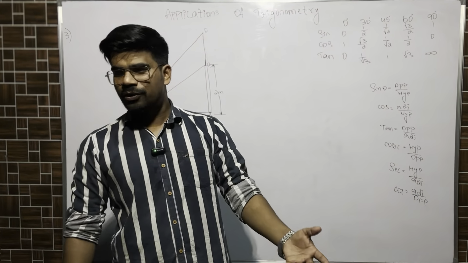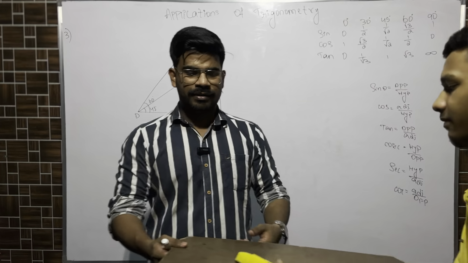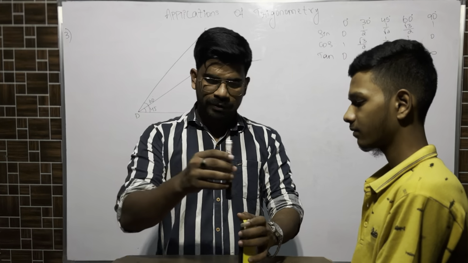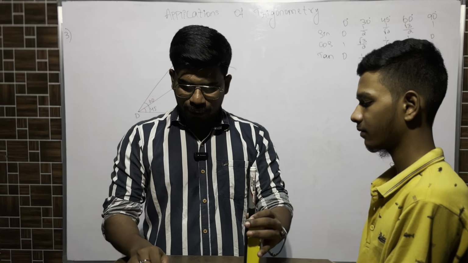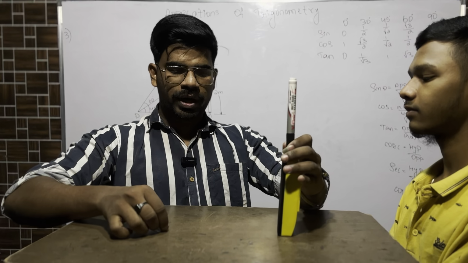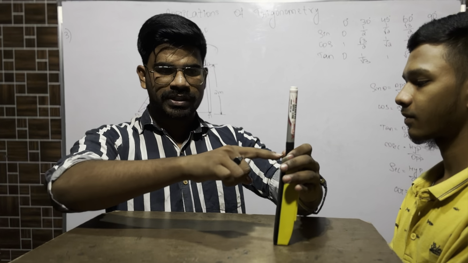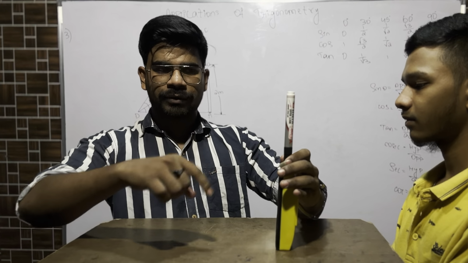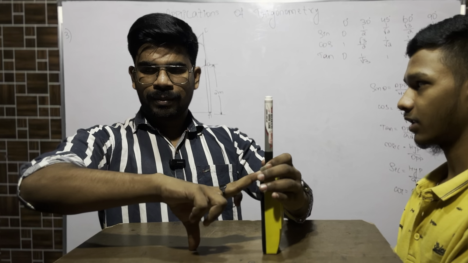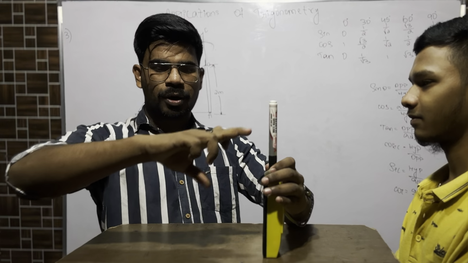So now let us consider that this here is the pedestal. On top of the pedestal a statue is placed. From a point on the bottom of the ground, right here, I am looking at the top of the pedestal and the top of the statue.